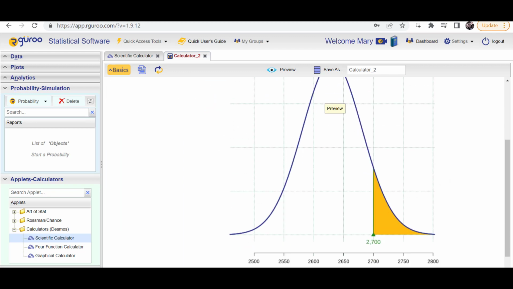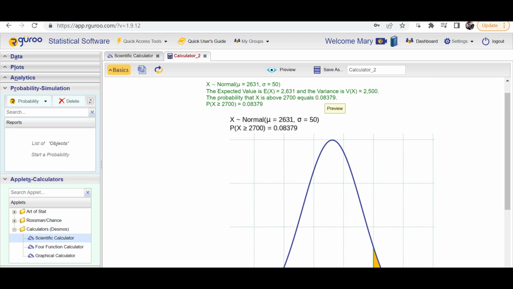And we get that the probability is 0.0838, which rounds to 0.08.